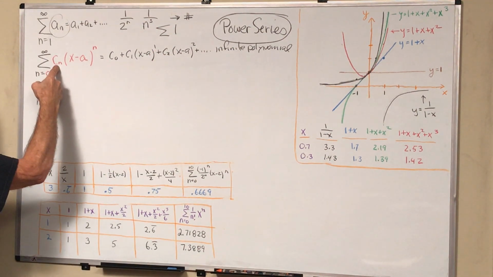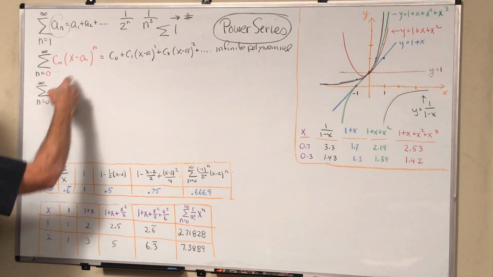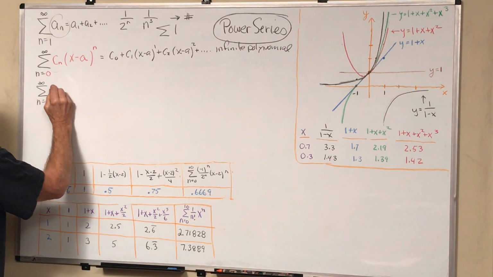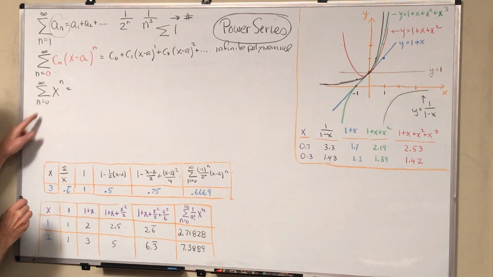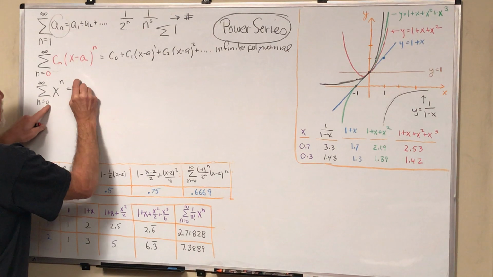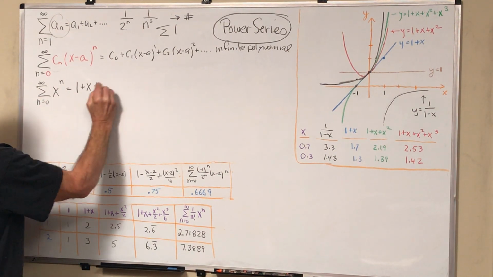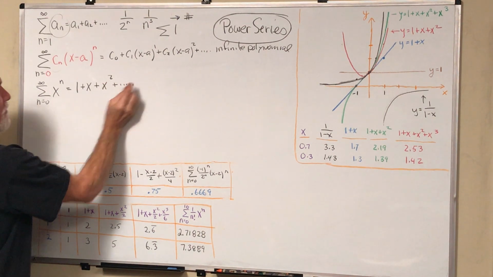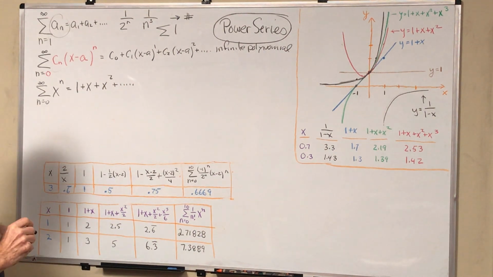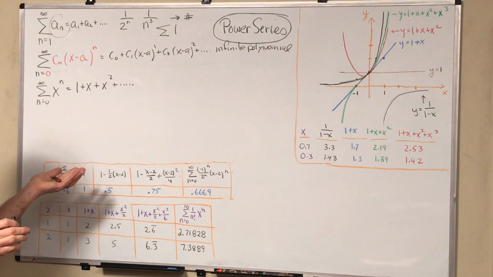So c sub n is just 1, and I'm going to call a 0, this constant. So then what do you get? It's just x to the n. So if you wrote it out, it would be x to the 0 plus x to the first plus x squared, and it keeps going forever.